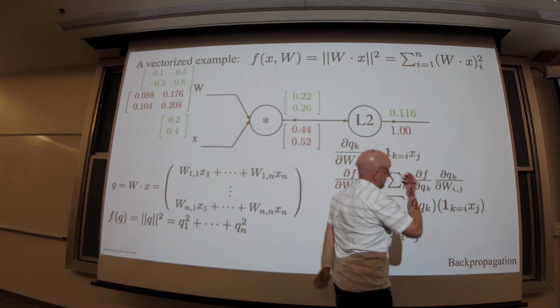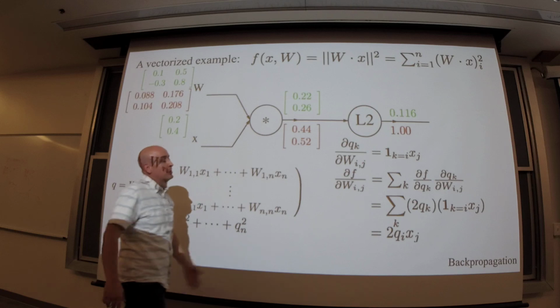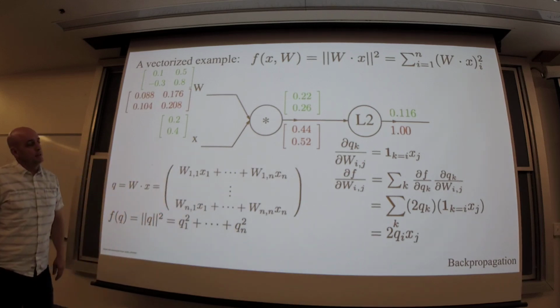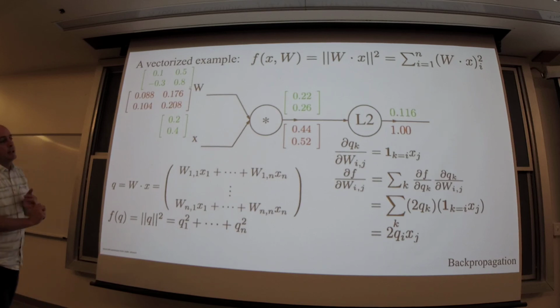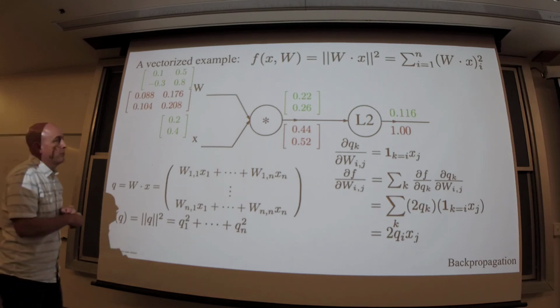This comes about just through chain rule and the product rule, and just basic calculus identities of how gradients behave through these multiple pathways.